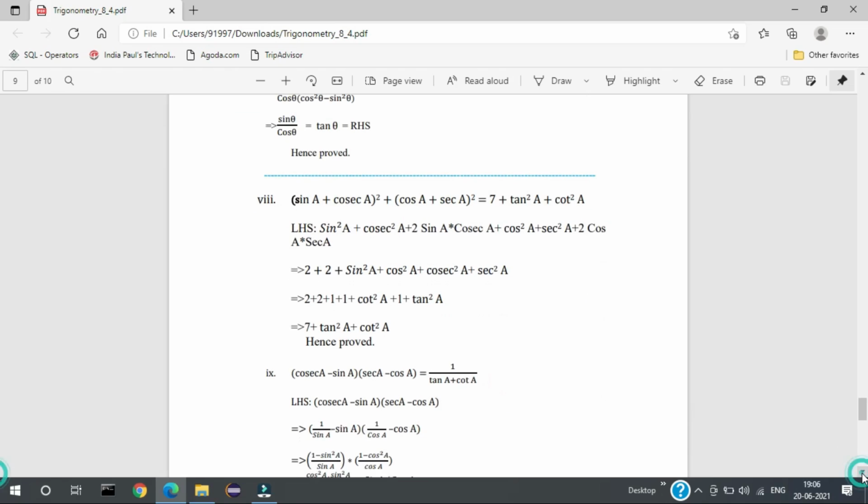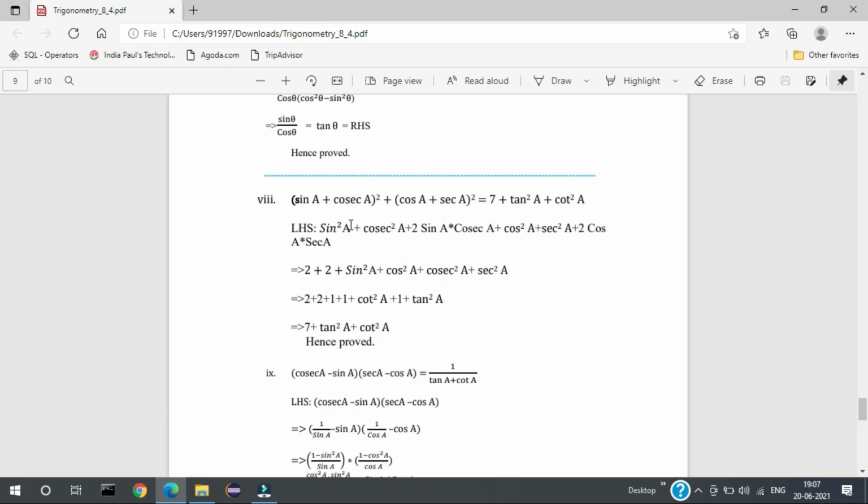Coming to eighth one. (sin A plus cosecant A) whole square plus (cos A plus secant A) whole square equals 7 plus tan square A plus cot square A. So in LHS, (sin A plus cosecant A) whole square, (A plus B) whole square.